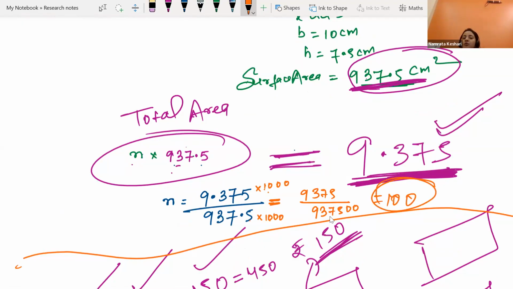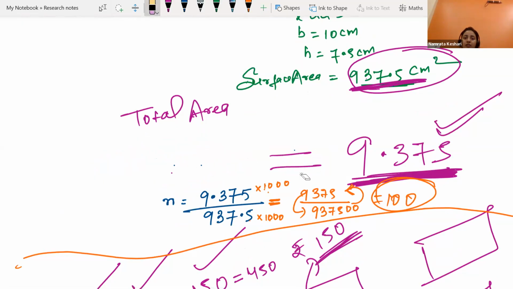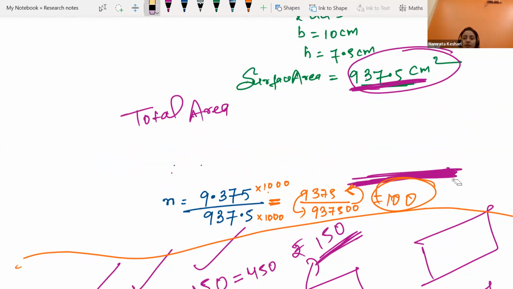See, this one must be in the numerator and this one in the denominator, right? Be careful. This step which was written over here, we need to correct it. It was not perfect. Please write it properly and do the division properly. The number of bricks will be 100.